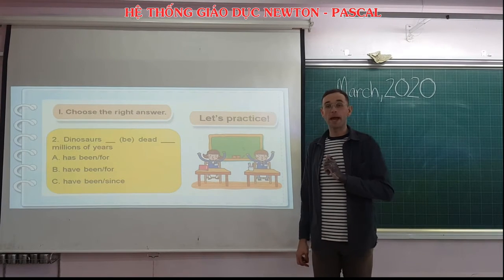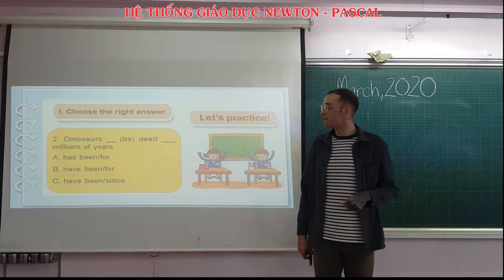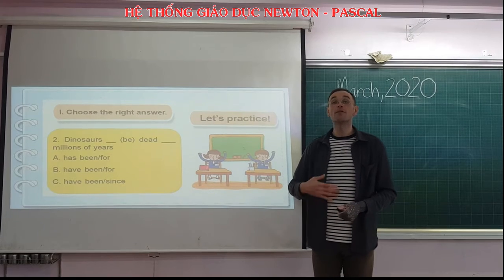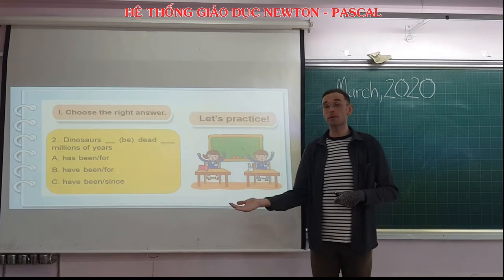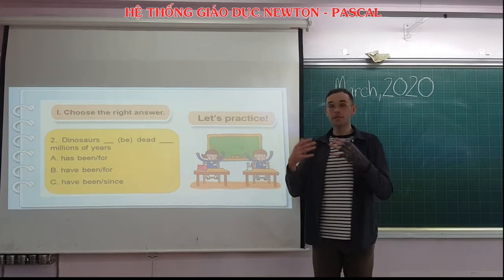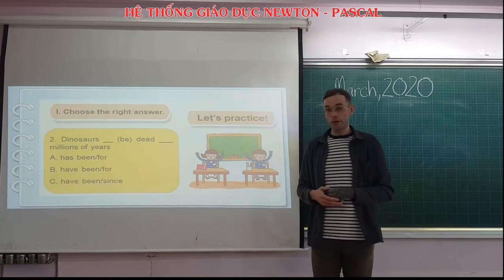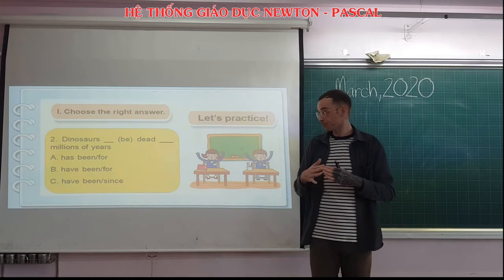All right, welcome back. So, dinosaurs blank dead blank millions of years. We need to figure out what is our past participle for our verb to be. Well, remember the past participle of be is been. And millions of years, does that indicate when something started, or does that indicate a length or duration of time?